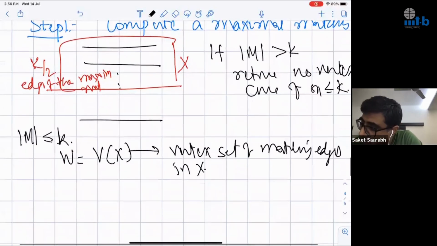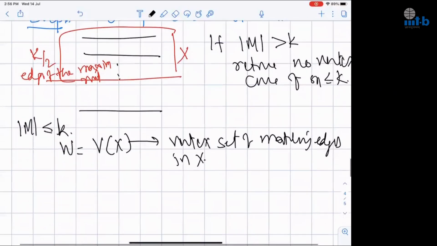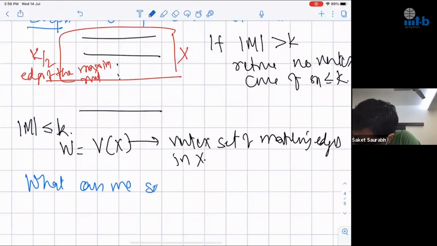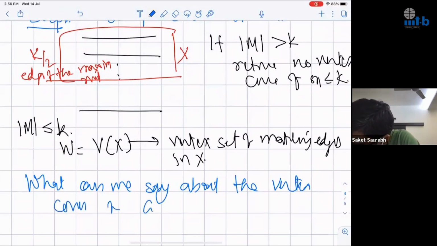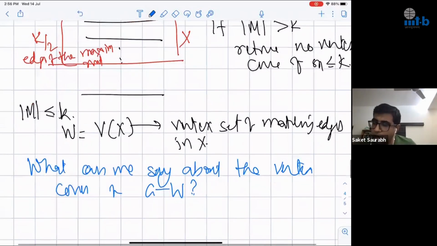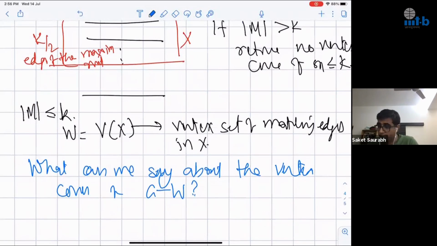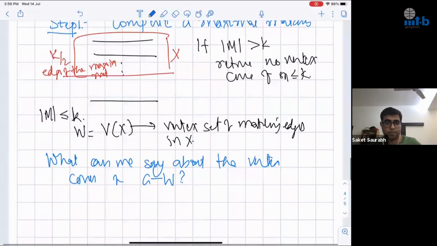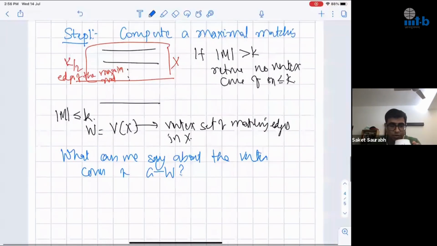Now let's ask ourselves, what can we say about the vertex cover of G minus W? Can you make some conclusion about the vertex cover of the graph G minus W? Just so that you have everything, this is what it is. Anybody? Feel free to unmute yourself and let me know.